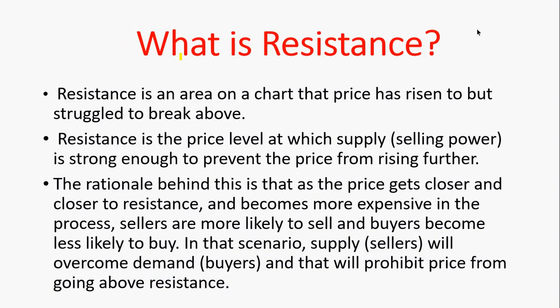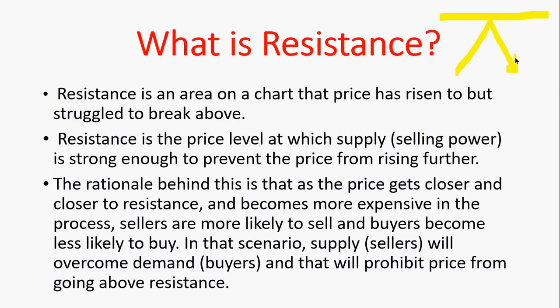When we are done with resistance, I'll go to the actual price. What is resistance? Resistance is an area on the price chart where price has risen. Listen, it has gone up. But it fails to break, it struggles to break above. So the price rises, then it reaches an area, fails to break, then it comes down.